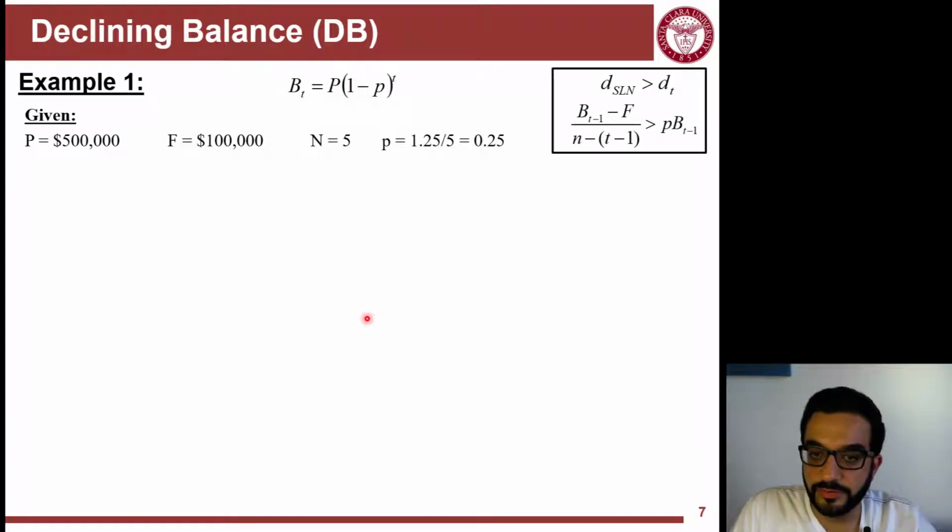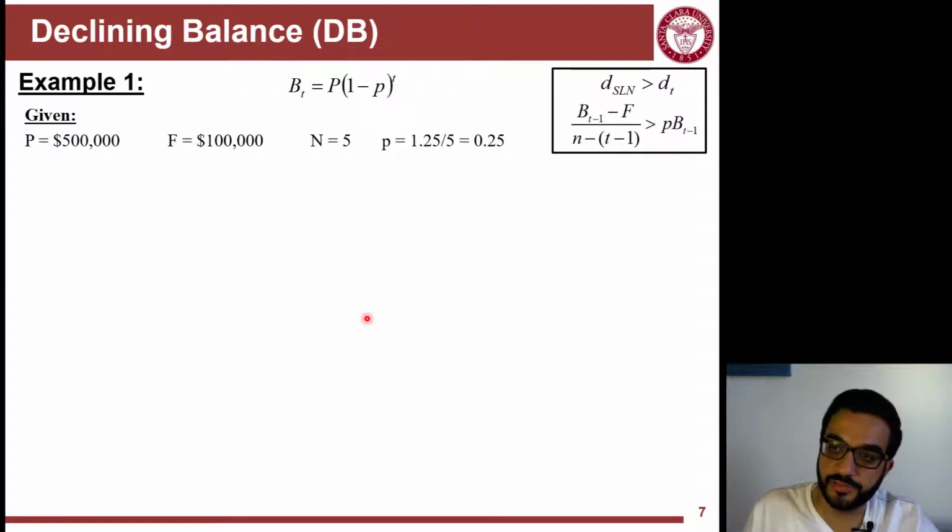So to summarize, the depreciation rate p is equal to 1.25 divided by 5. And summarizing here, this is the book value formula that I will use. And I will use this formula here for the declining balance depreciation amount, and this formula here for the depreciation amount if I decide to switch to a straight line.